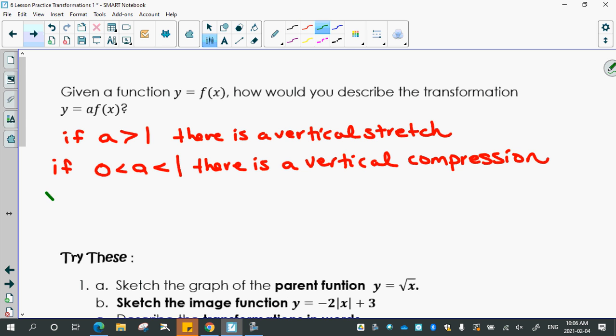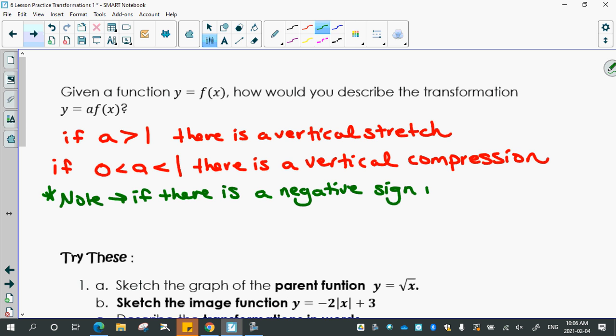And then a little note, if there is a negative sign in front of a, there is a vertical reflection.